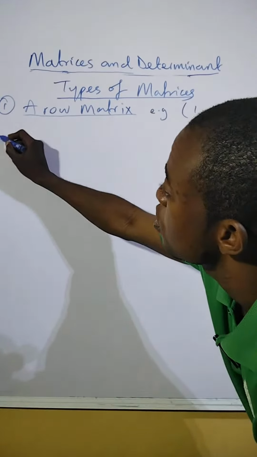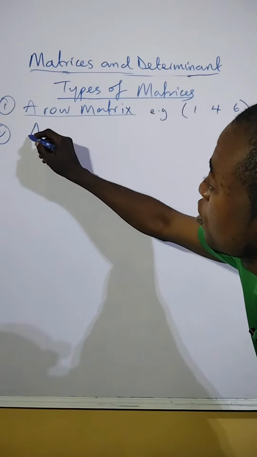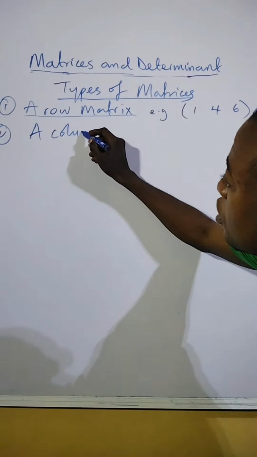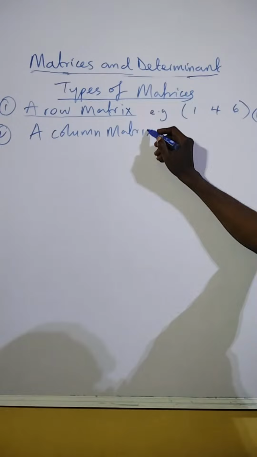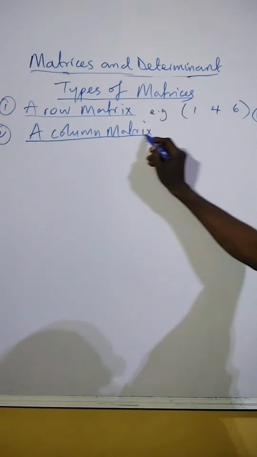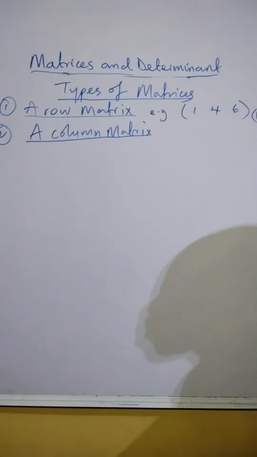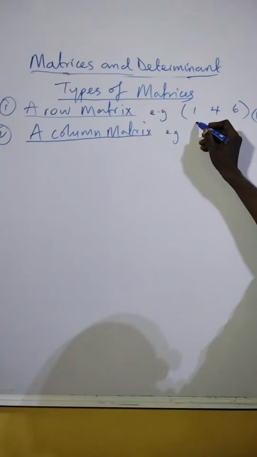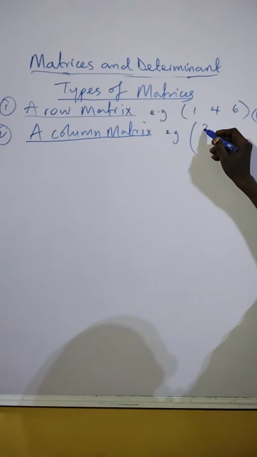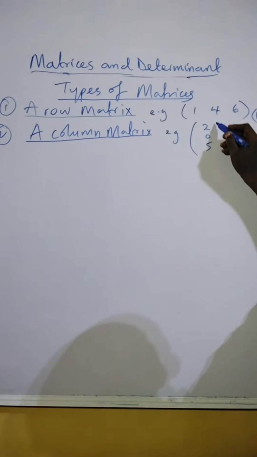And number 2, we have a column matrix. Similarly, just as the name implies, only one column of elements. For example, we can have 2, 0, 5.